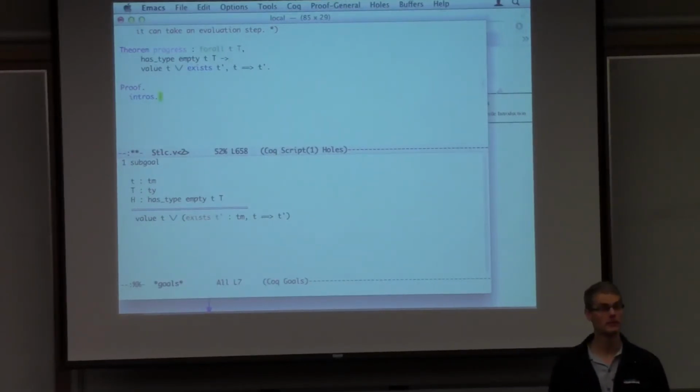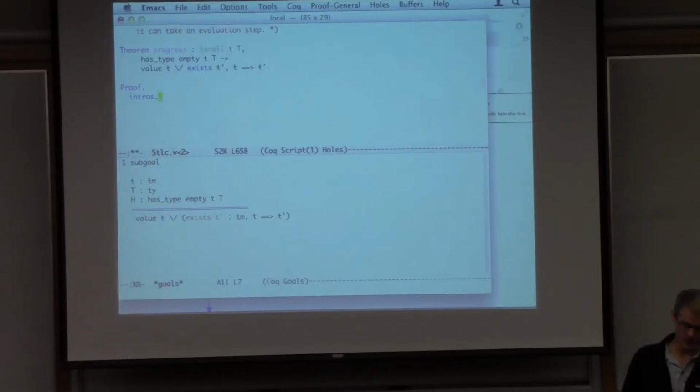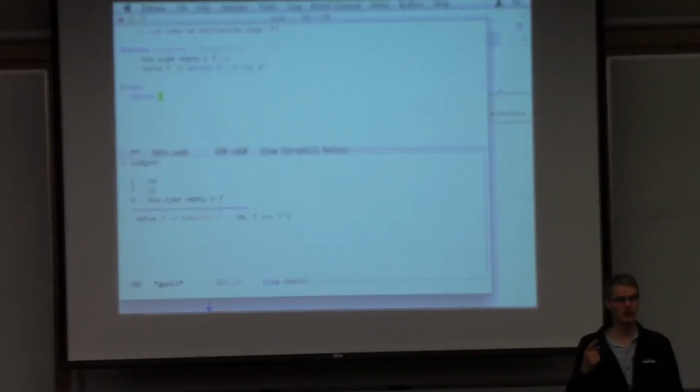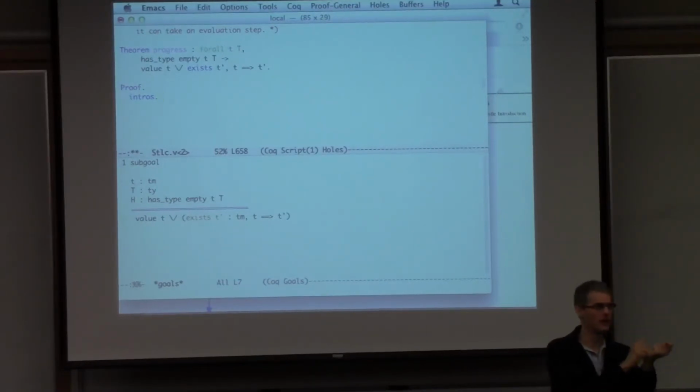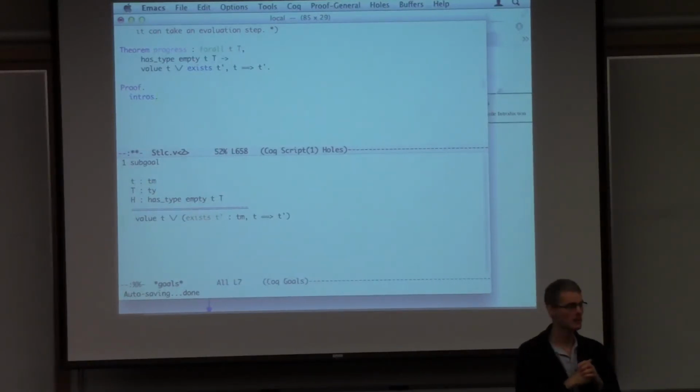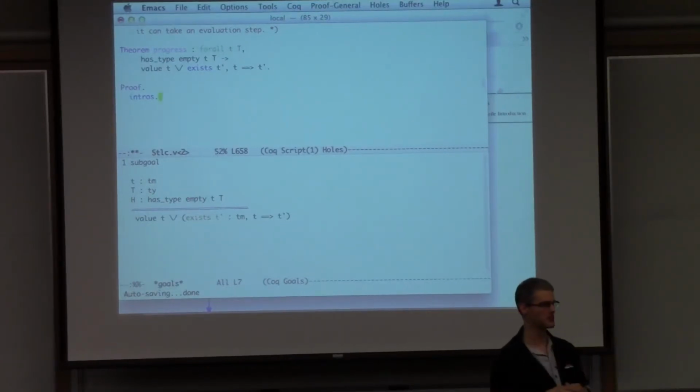We do induction on the typing derivation, and then in each case we get to use the induction hypothesis, which tells us that for all of the subterms, either the subterm is a value or the subterm can take a step, and then in each possible case, we have to figure out that the whole term either is a value or can take a step.